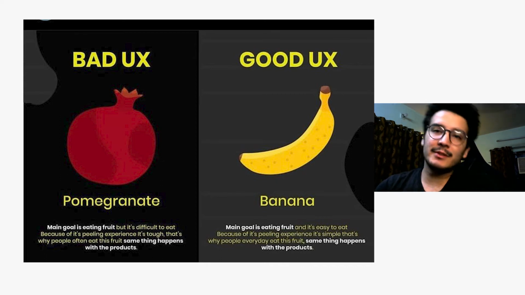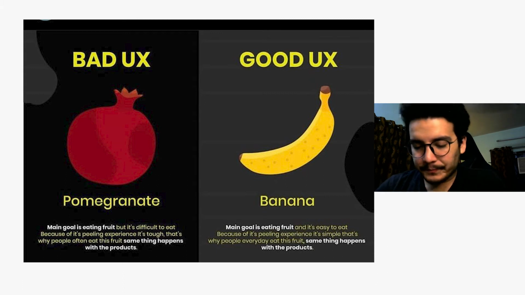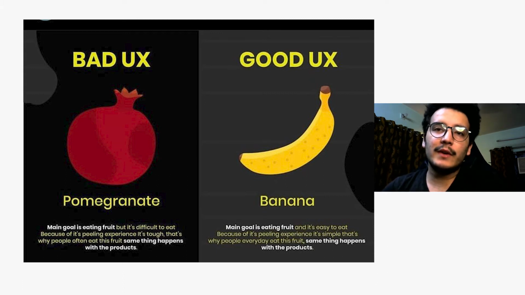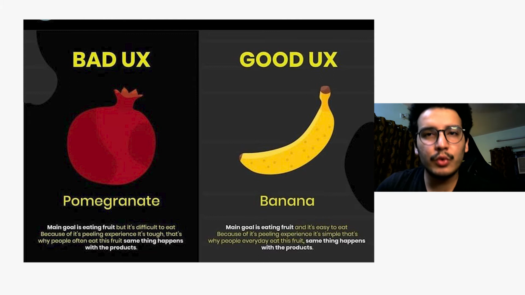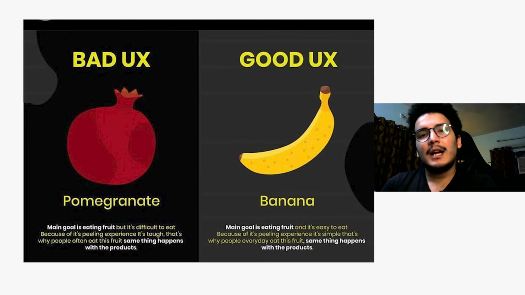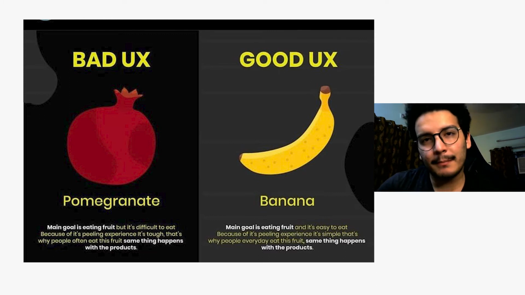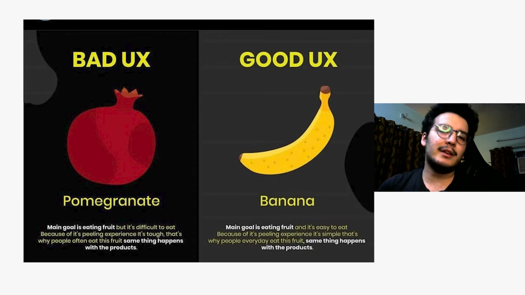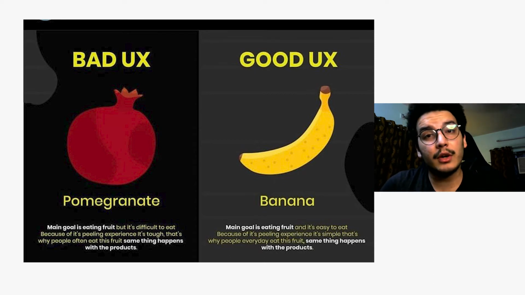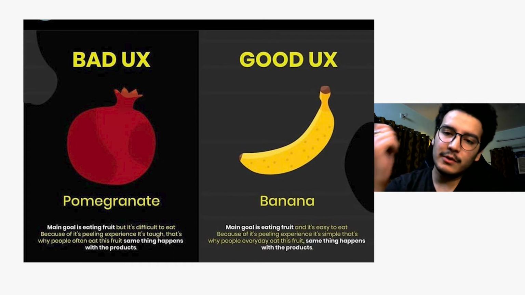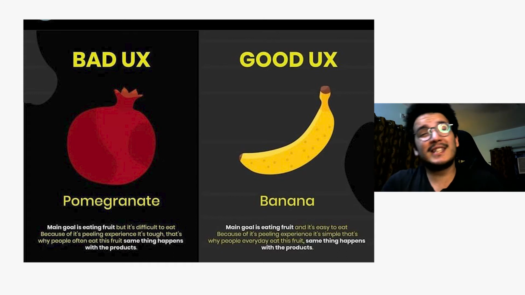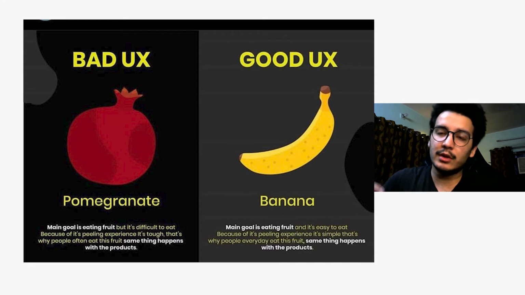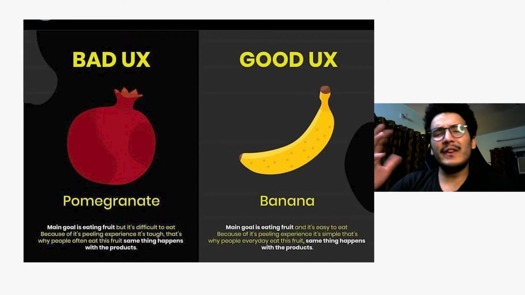And the same thing happens with a product. If the app is so difficult to control or use, people might not use that app. They might try to find another product which has similar features but a good UX, right? But in the case of the banana, the main goal is to eat, so it is so easy to peel off, so easy to throw away the rest of the peel which we won't eat, and everything is so easy.